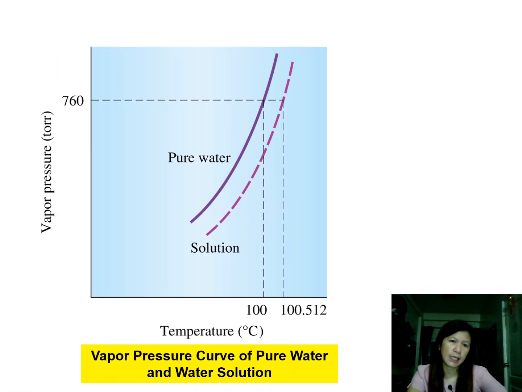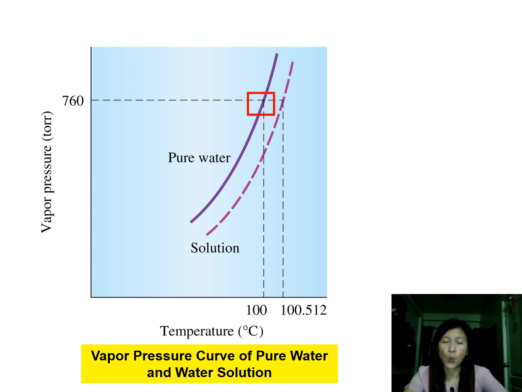We have here in this phase diagram vapor pressure and temperature. So notice the difference in the vapor pressure curve of pure water and solution. Notice at 100 degrees Celsius and 760 millimeters mercury, water will start boiling.